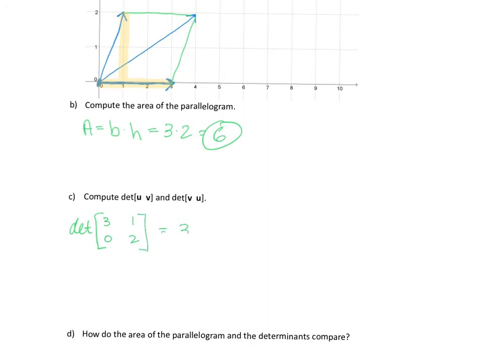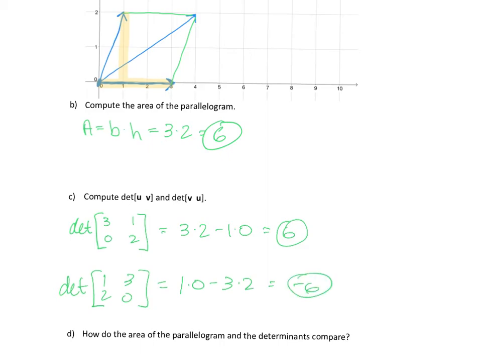So that would be 3 times 2 minus 1 times 0, which is 6. And then separately, I'm going to calculate the determinant of VU. So I'm going to switch the columns 1, 2, 3, 0, which would be 1 times 0 minus 3 times 2, which is -6.